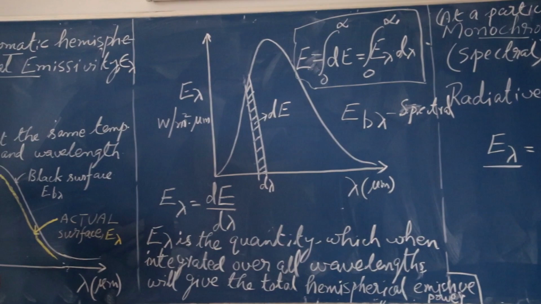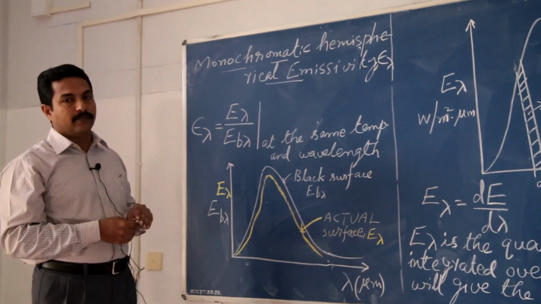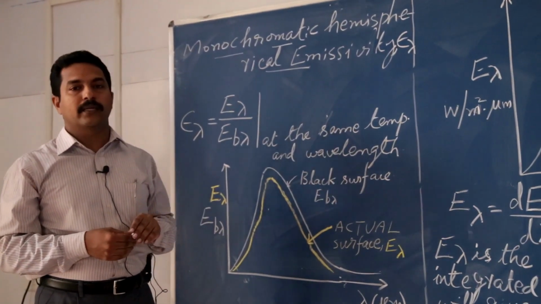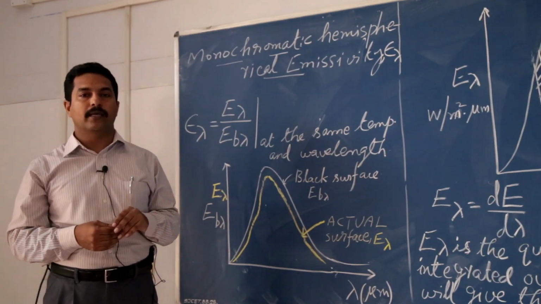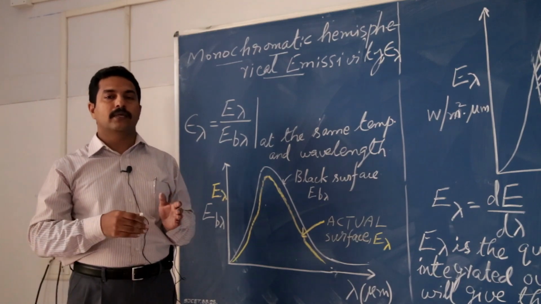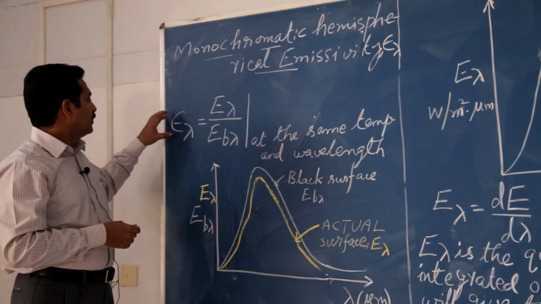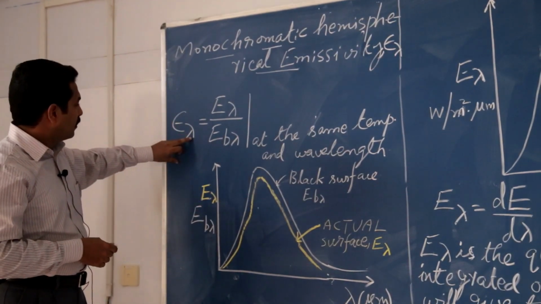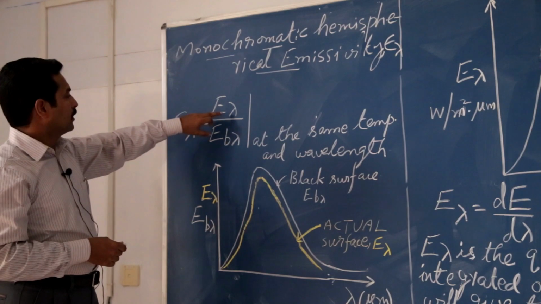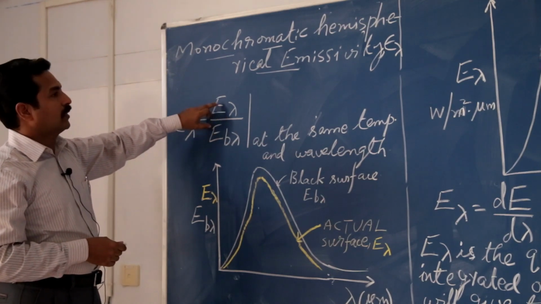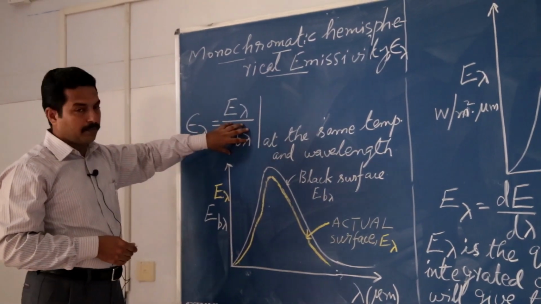What is the next quantity? That is monochromatic hemispherical emissivity. We already studied total hemispherical emissivity, which is for all wavelengths as well as all directions. This one is at a particular wavelength but for all directions. So spectral hemispherical emissivity, epsilon lambda, is the monochromatic hemispherical emissive power of the real surface divided by that of a black surface.